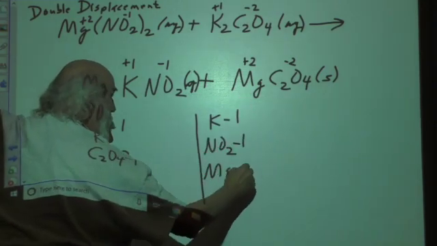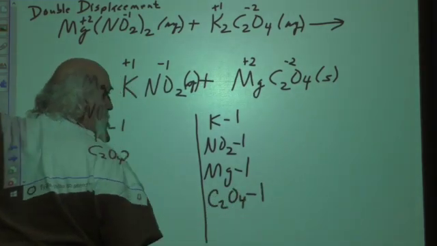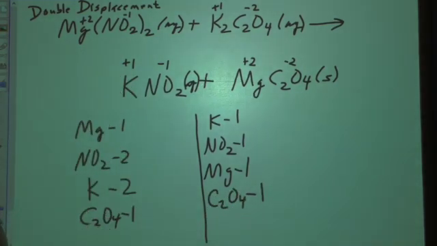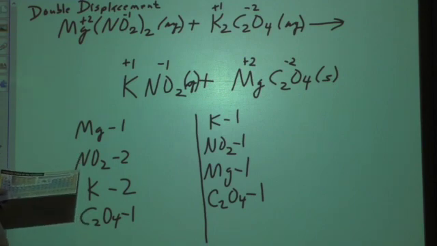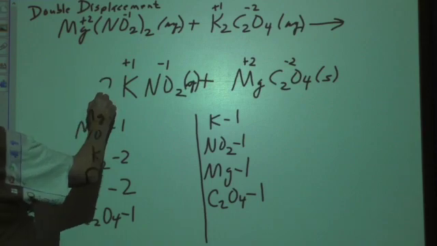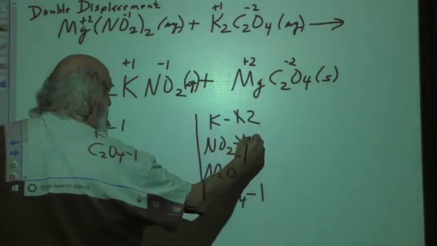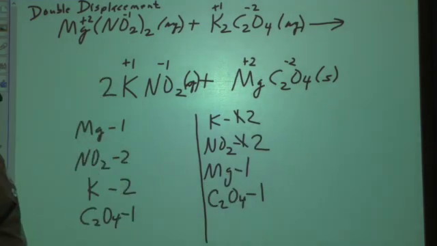Mg, we have 1. And C2O4, we have 1. Wow, that's pretty easy to figure out. The K and the NO2 are both 2's. So if I put a 2 over here, that's going to change this K to a 2 and this NO2 to a 2. That balances it, and there is your answer for your 4th problem, your double displacement reaction.